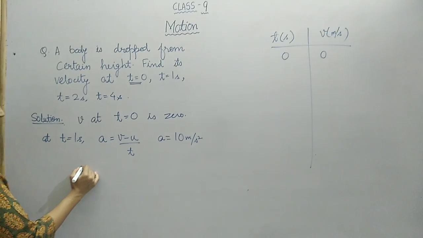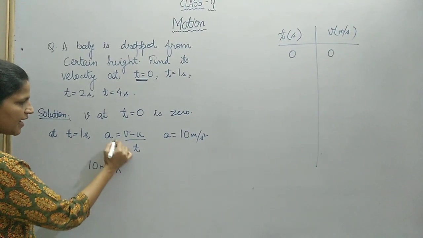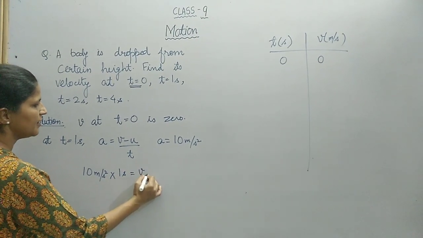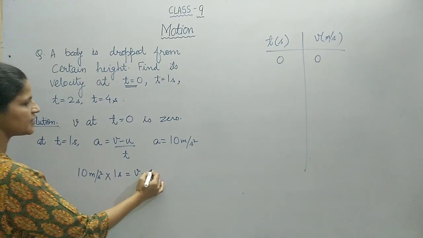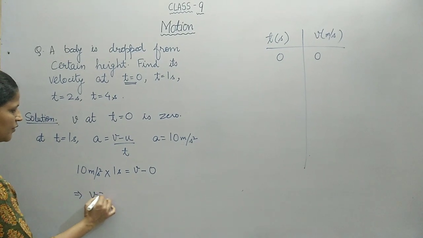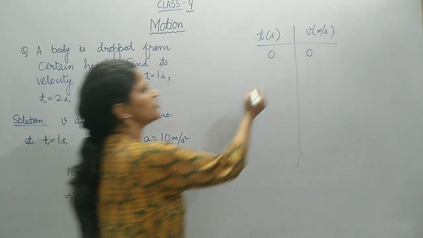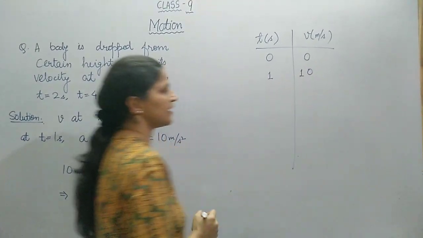So, 10 meter per second square multiplied by time, 1 second, is equal to v minus u. U means the initial velocity from where it started. This will be 0 here. So this gives us v is equal to 10 meter per second. This is for time 1 second. So if I write time 1 second here, the velocity will be 10 meter per second.